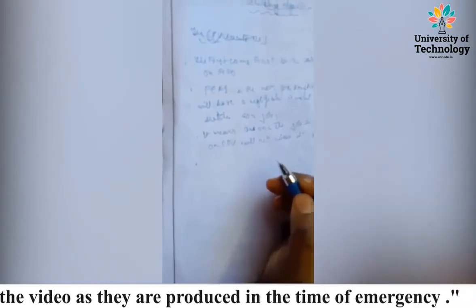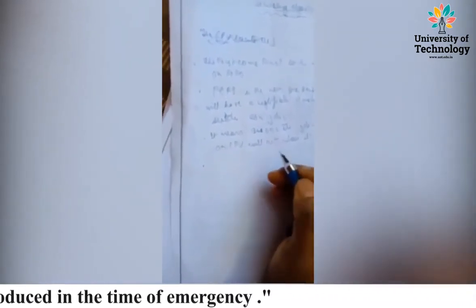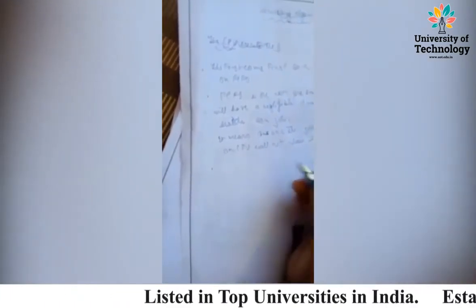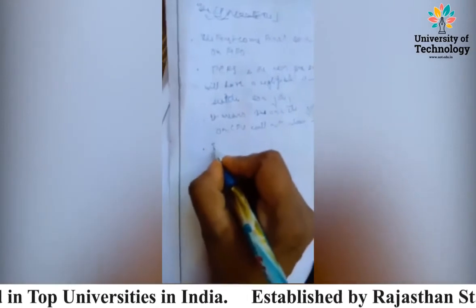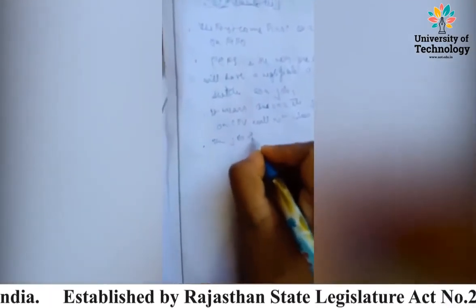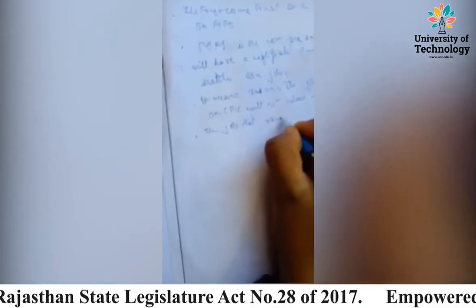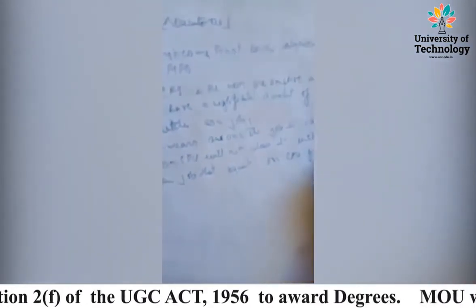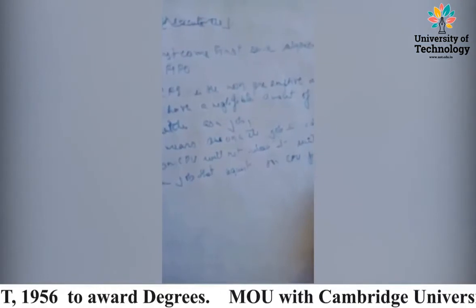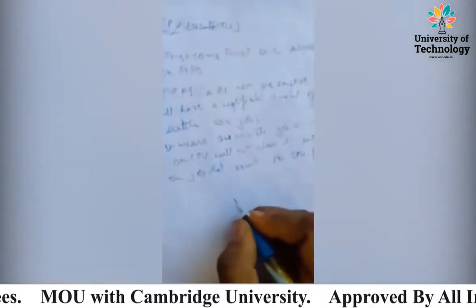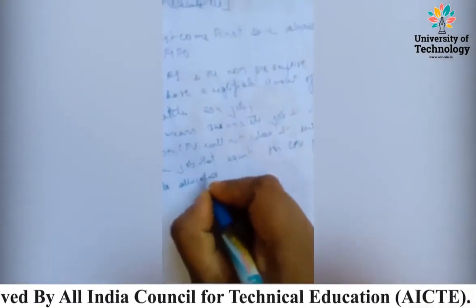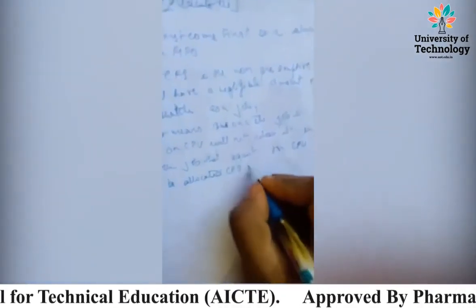And with FCFS, the job that requests the CPU first is allocated the CPU first. You can write it: the job that requests for the CPU first will be allocated first.